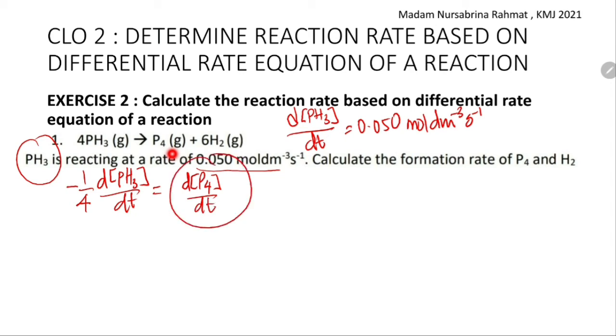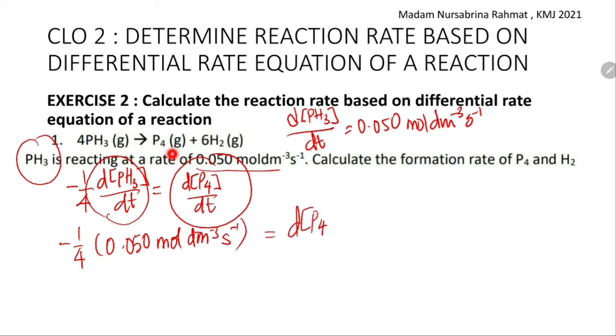Since I want to calculate this one and there is no number in front of the rate for my P4, I can simply substitute the value of the reaction rate of PH3 into the equation. Negative 1 over 4, given 0.050 mol dm^-3 s^-1, equals dP4 over dt. So that means press your calculator now.